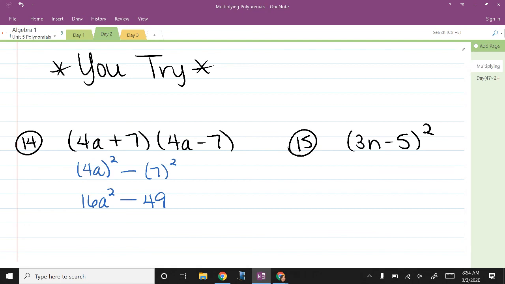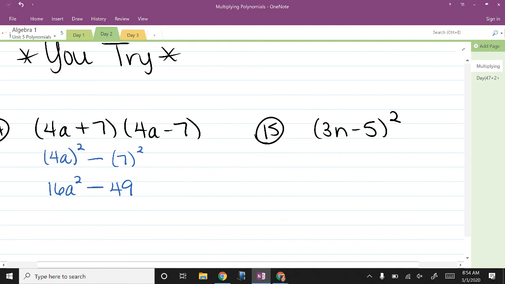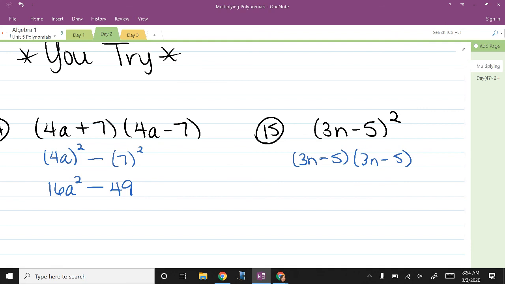Number 15 is a binomial squared. How do you work a binomial squared? Multiply it by itself. Very good. So 3n minus 5 times 3n minus 5. So you can FOIL or use a repeated distributive property. Either way, what's 3n times 3n? 9n squared.